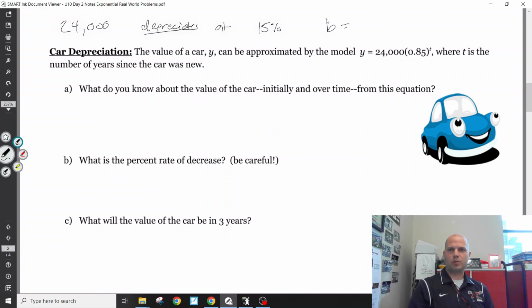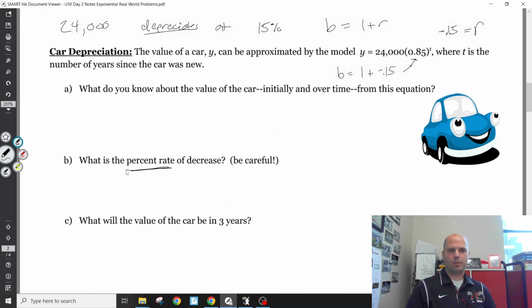If we think of our multiplier as being 1 plus r, we're going to say that my r in this case is negative 0.15. And that's how we get this 0.85, where our multiplier is 1 minus 0.15, or 1 plus negative 0.15.